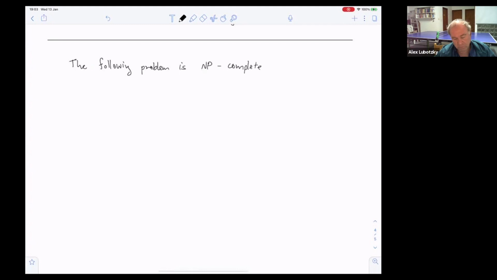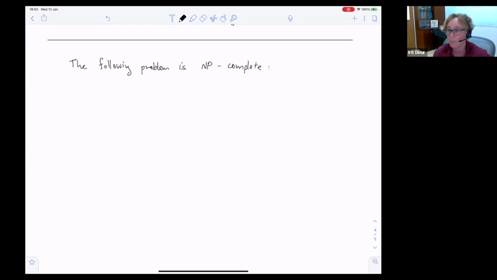So this means that every problem in NP, every computational problem where you can check the solution efficiently, can be reduced or re-expressed as the following problem. You have variables x1 up to xn, with values 0 and 1. So I think of them as variables over the field F2.